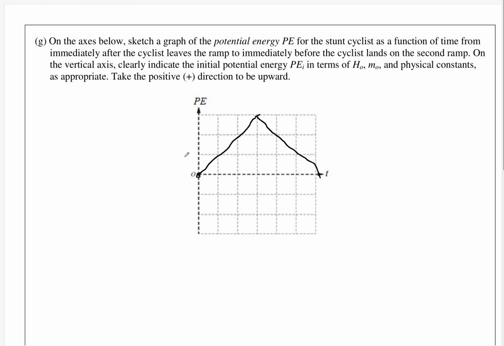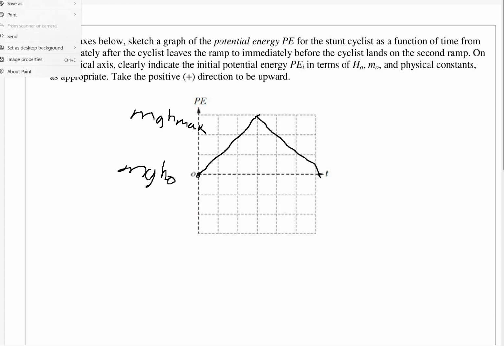And after the math we've done for the previous part, we know that at the base of the ramp, the potential energy is equal to mg h null. And then at the peak, the potential energy is equal to mg h max.